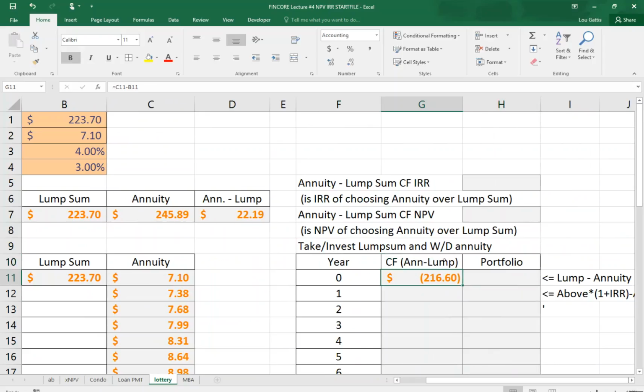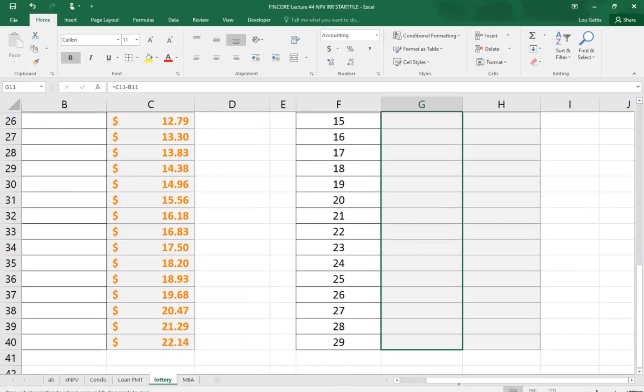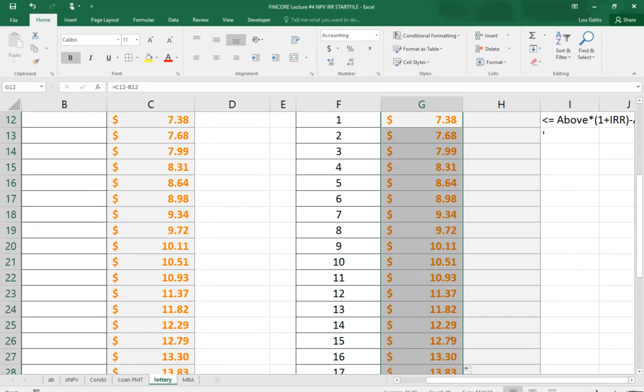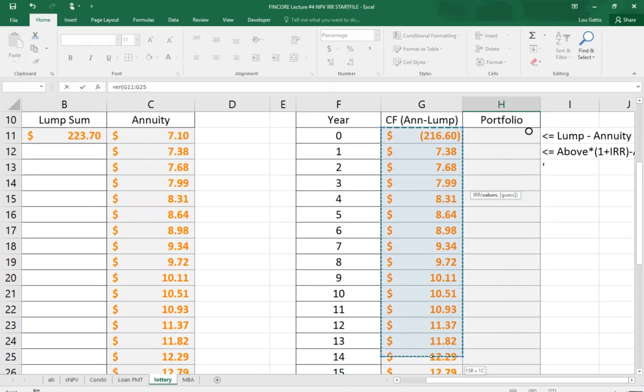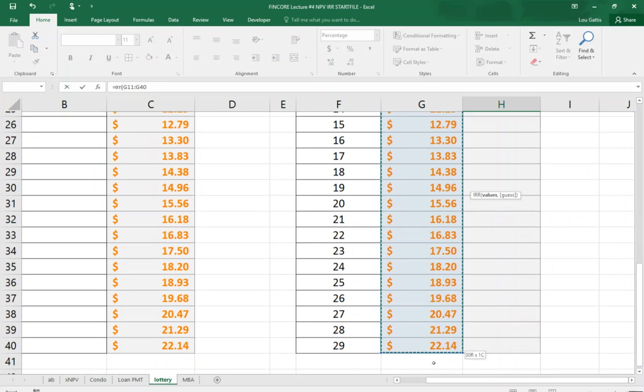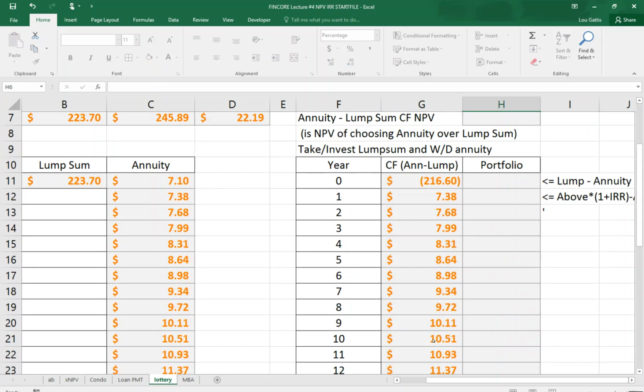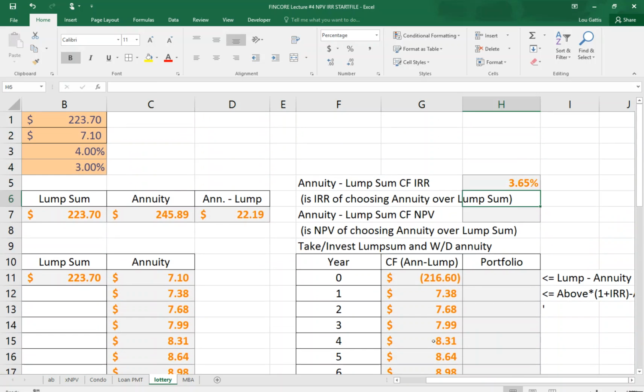So this would be modeling: what is the incremental cash flow if I go from choosing the lump sum to an annuity? So it's really the cash flows for the annuity over the lump sum. And I can calculate the IRR of that investment of going from the lump sum to the annuity. So you can think of the IRR of going to the annuity as 3.65.